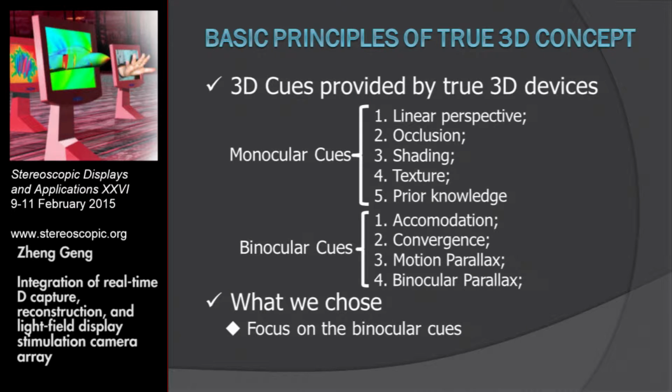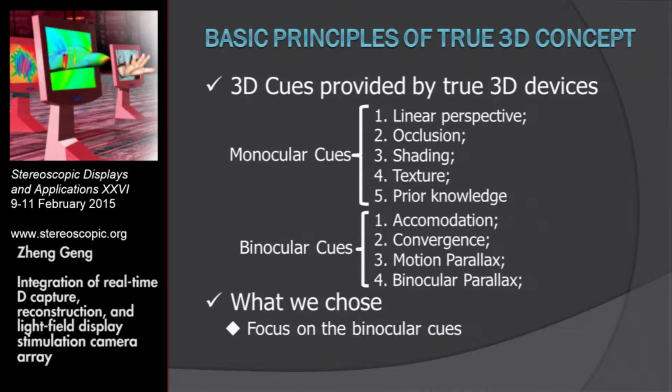For two-dimensional images, the monocular cues work. They include linear perspective, occlusion, or something else that makes you feel that you see things three-dimensional, while in fact it's two-dimensional. For the binocular cues, there is usually a pair of images with slight differences, so that you could feel the accommodation, convergence, motion parallax, or binocular parallax that you might have just seen from my previous presenter.